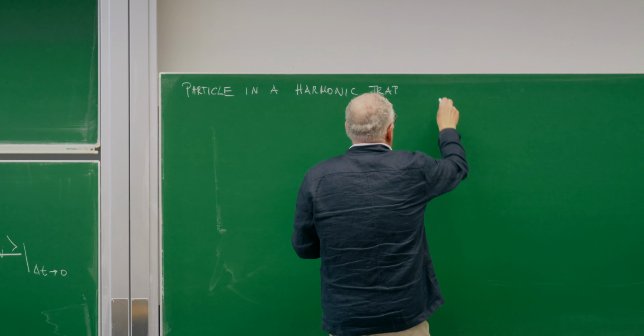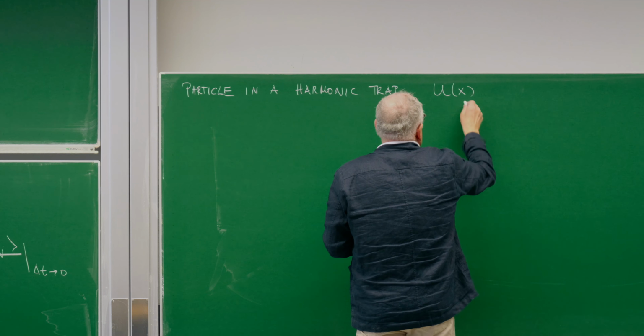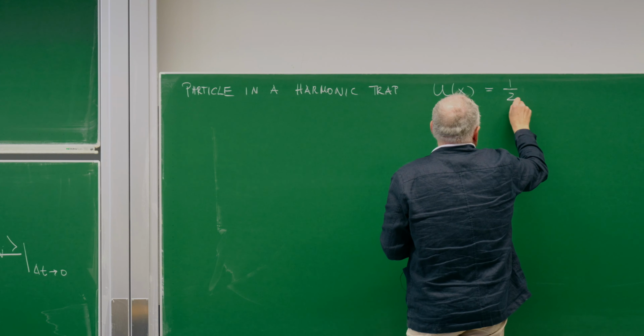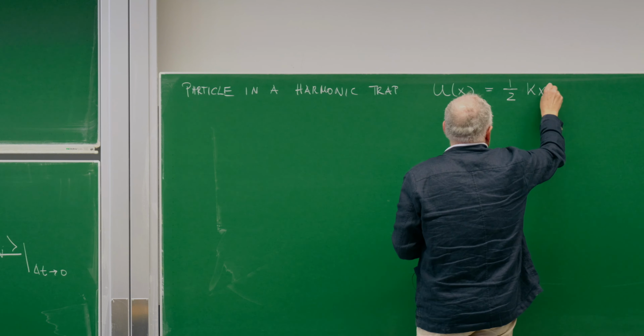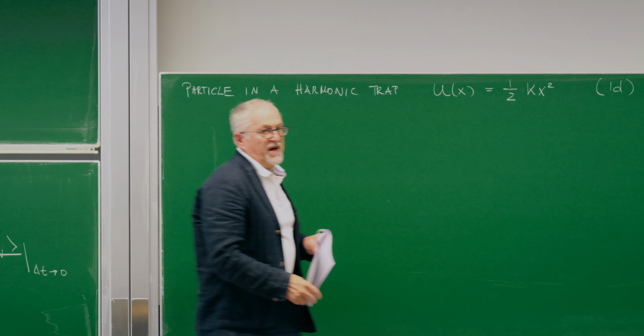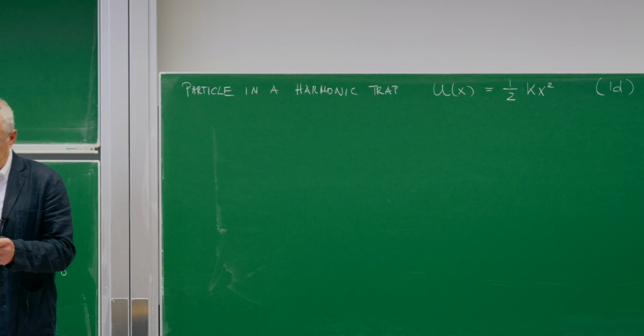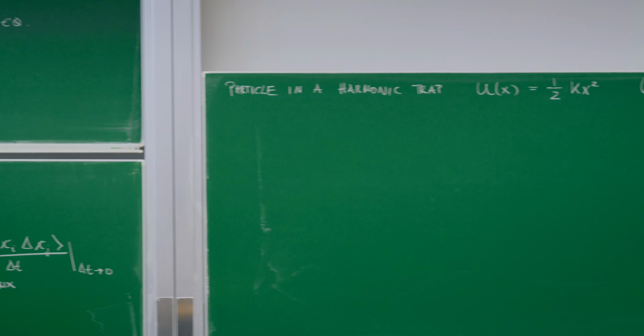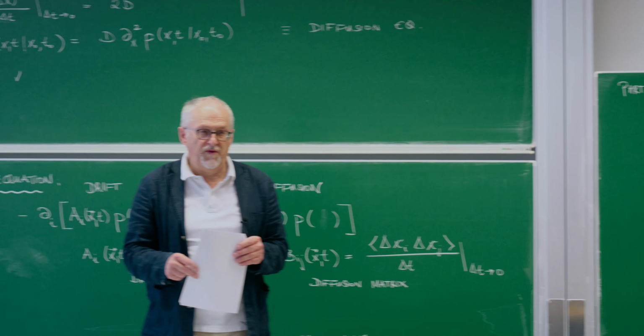That means our potential U(x) is a half k x squared. I'm again just looking at a one-dimensional problem. So how would I set up the corresponding Fokker-Planck equation?